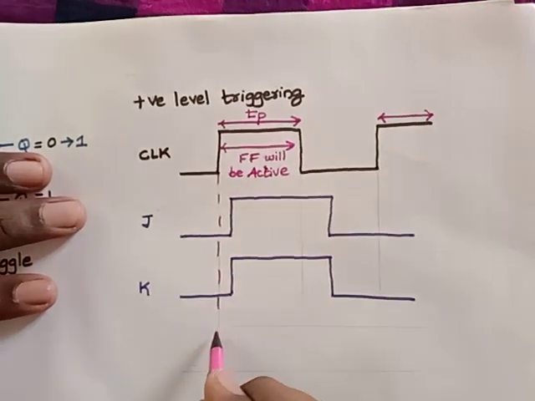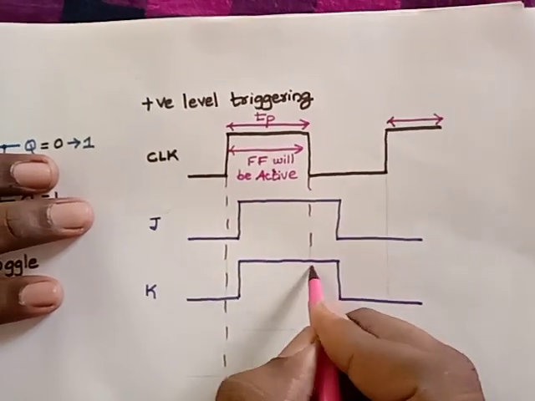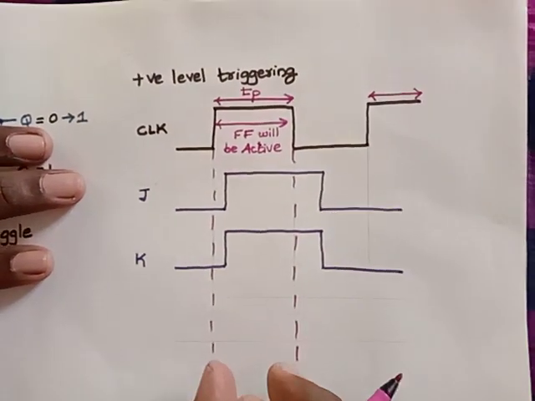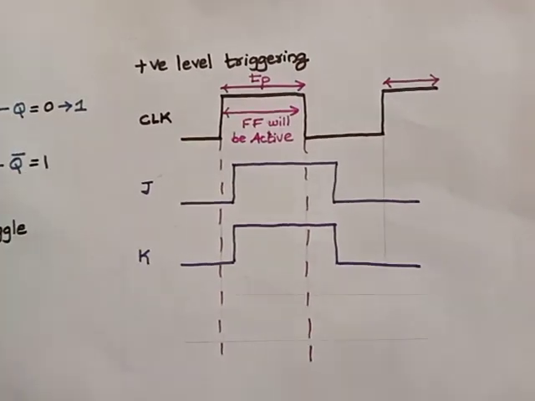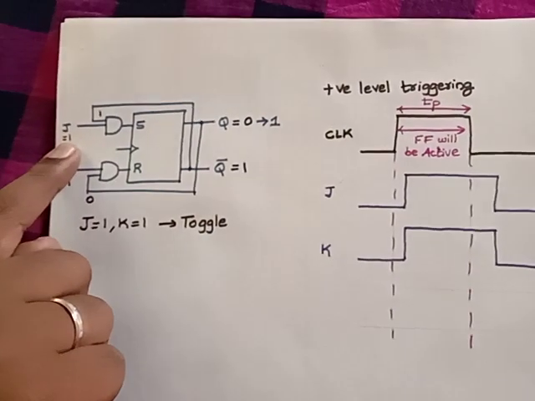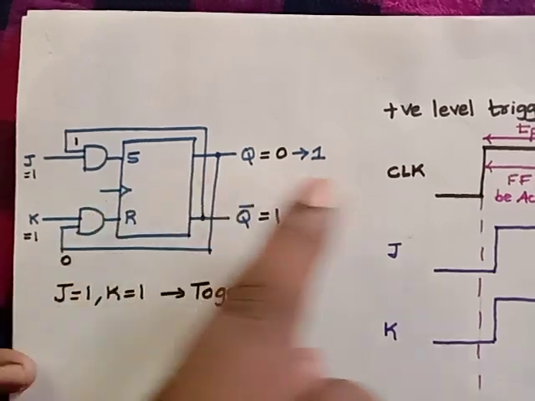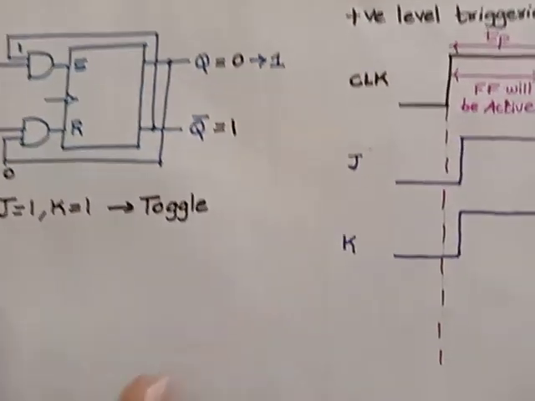I am drawing that alone separately. We'll understand this concept first, and that will be your similar case for the other positive pulses. Now we have drawn your J input, K input as a waveform, and we have taken your clock pulse also here. Now we'll take your Q value and we'll see what happens here.